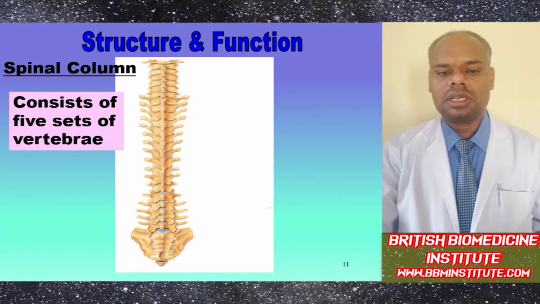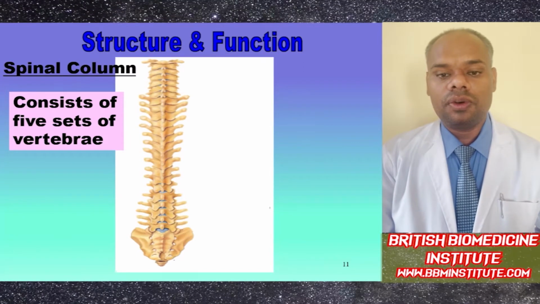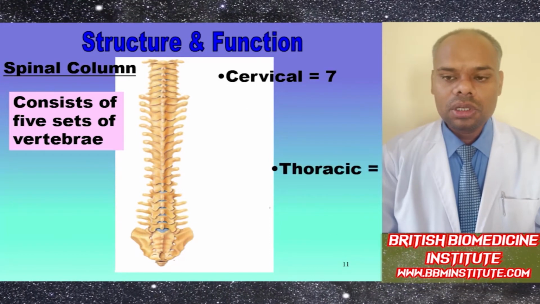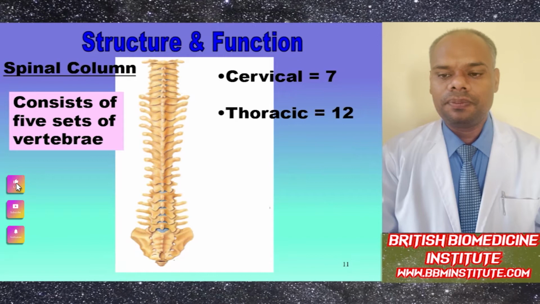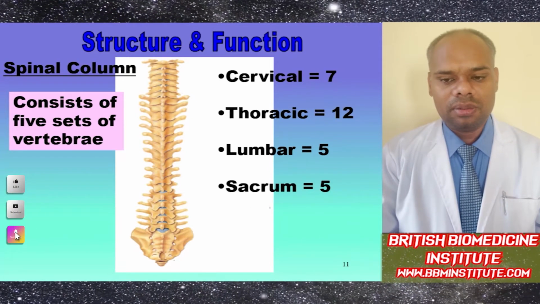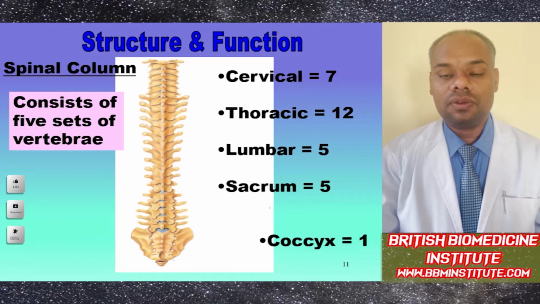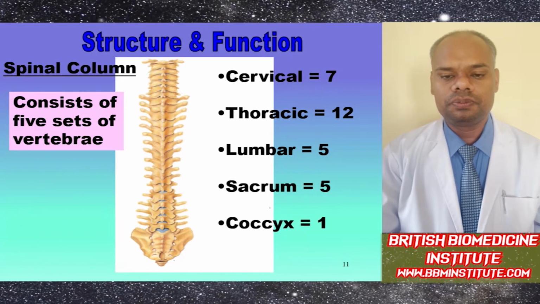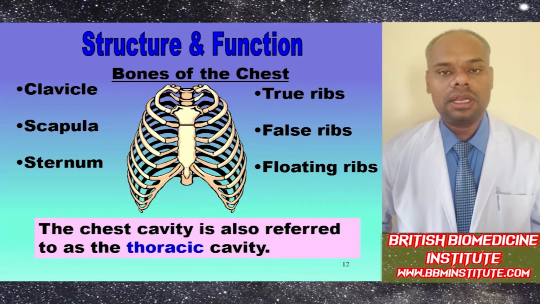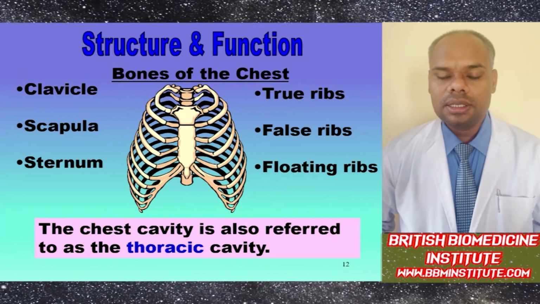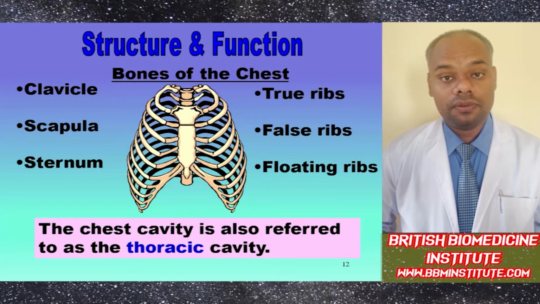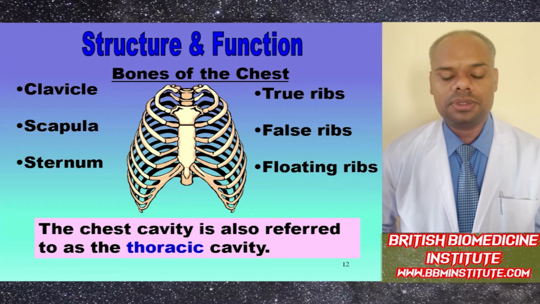Your spinal column consists of 5 sets of vertebrae. There are 7 cervical bones, 12 thoracic bones, 5 lumbar bones, 5 sacrum bones, and 1 coccyx bone. The bones of the chest consist of the clavicle, scapula, sternum, and there are true ribs, false ribs, and floating ribs.